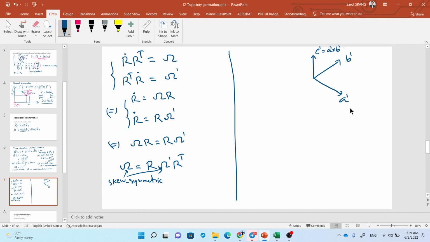All these vectors are measured in the body frame, okay? In the body frame.